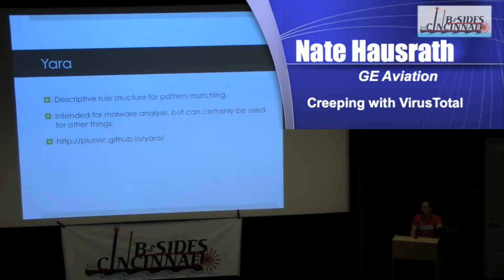For those who are not familiar, Yara is a program that was written to do malware analysis. It allows you to write very descriptive rules in an easily understood format that can break apart malware and detect on malware. VirusTotal then leverages that to search for malware. What a thought.